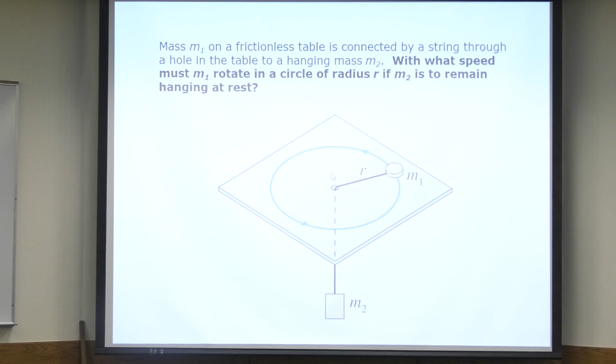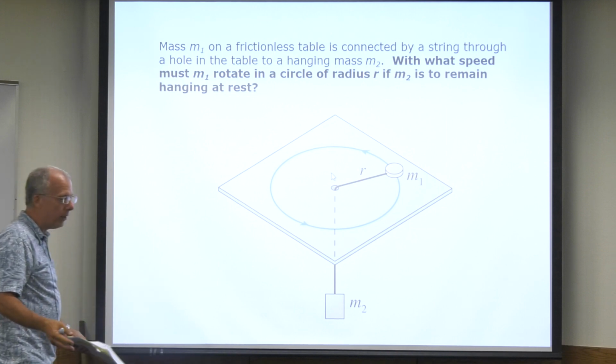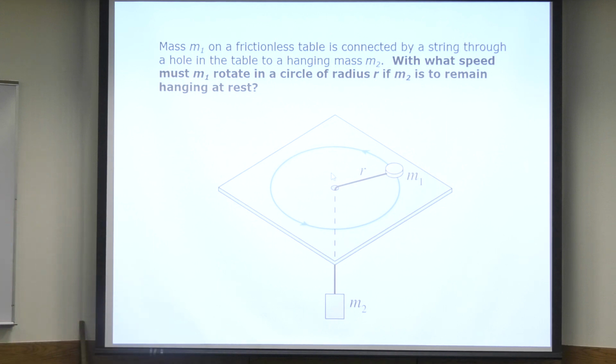M2, equilibrium or not equilibrium? Well, it's at rest, so it's not accelerated, so it's equilibrium. So what are the forces acting on M2? Well, gravity, M2G, and then what's pulling it up? The tension. Well, that's not so bad, right?